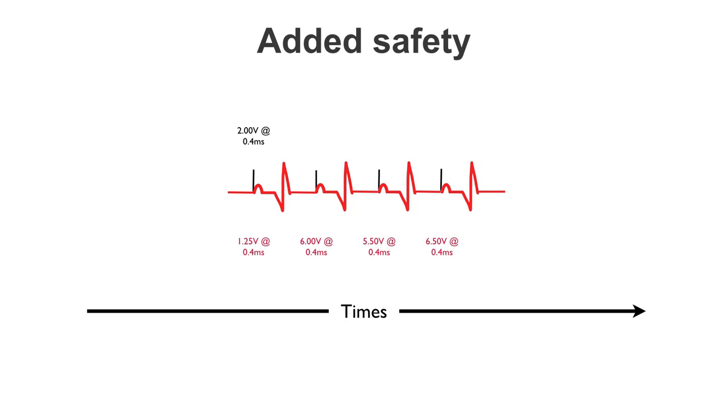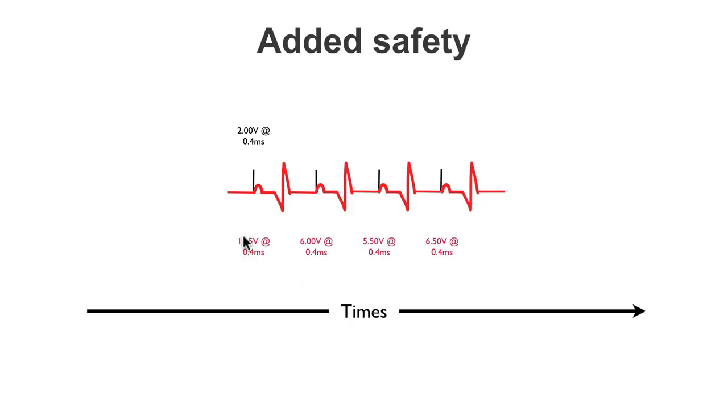Pacemakers are also cleverer than this. Although you may have set the output pulse to 2 volts at 0.4 milliseconds, the pacemaker has a safety mechanism to deal with the occurrence of a suddenly large threshold.